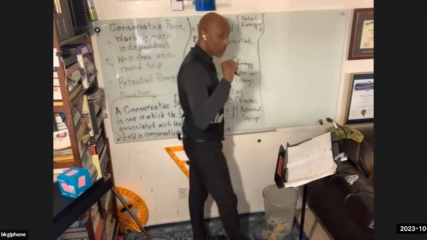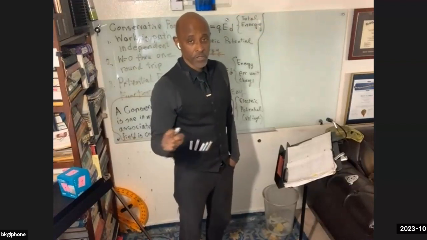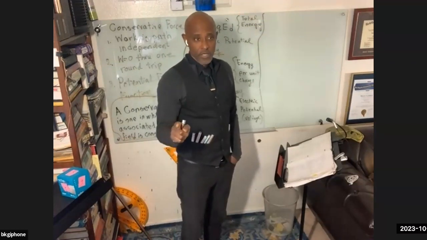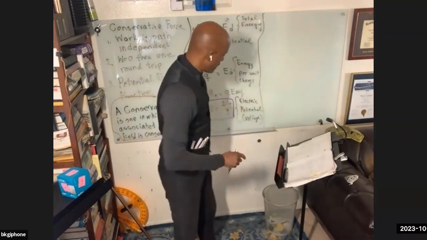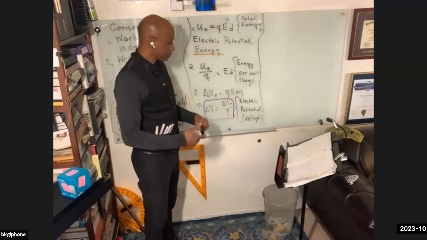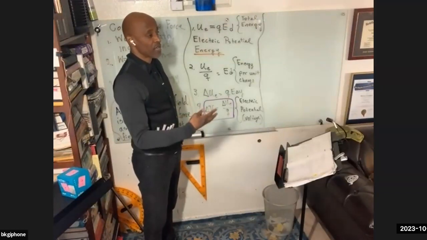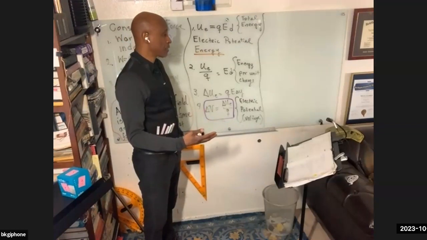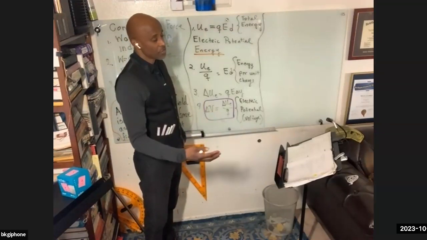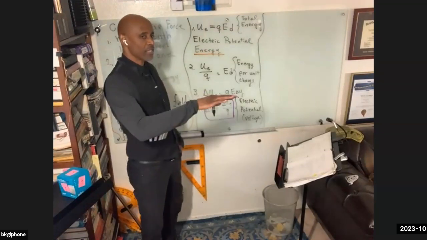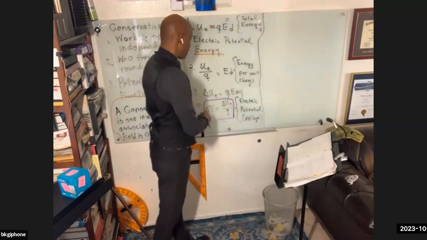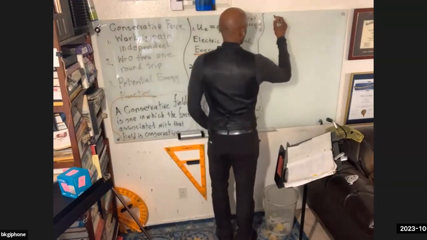Again, as with gravity, if there's no external field, there's no energy. The E has to be there. We can then speak collectively about the total amount of energy for a particular charge or system of charges, or we can talk about the energy per unit charge, and that is what voltage is.